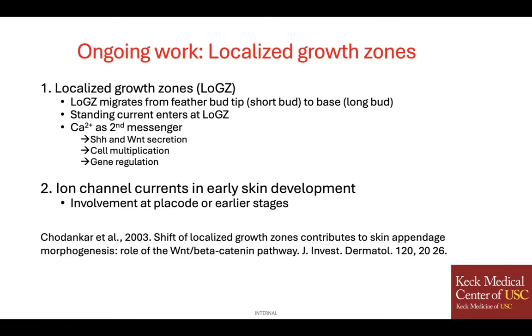Those inhomogeneities really reflect the underlying placode formation, the early feather bud formation, and they mirror the positioning of these feather buds. What we're doing now is working backwards to earlier and earlier times, when we can barely discern where the feather buds eventually will be. And we're looking to see if there are already current inhomogeneities that precede placode formation even.